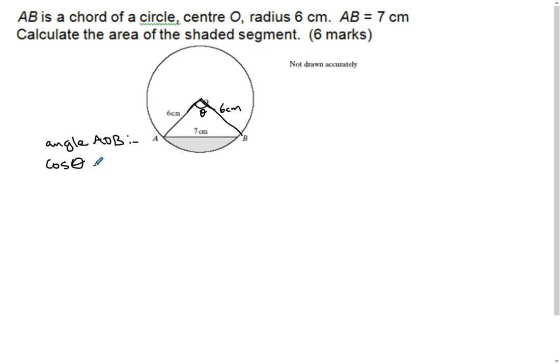Okay, so cos theta equals, and we go that squared plus that squared minus that squared. So we always do minus this, the side opposite. So we're going 6 squared plus 6 squared minus 7 squared divided by 2 times 6 times 6.